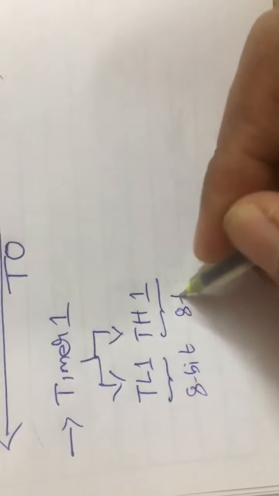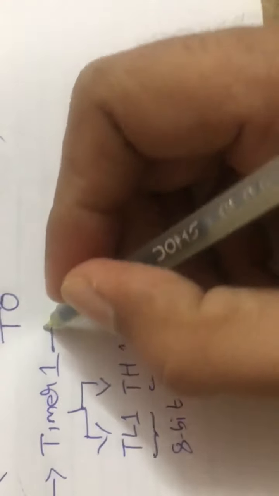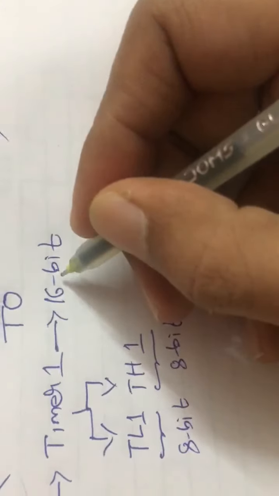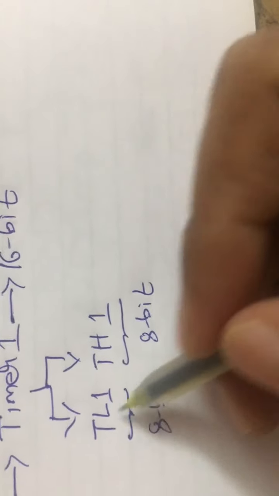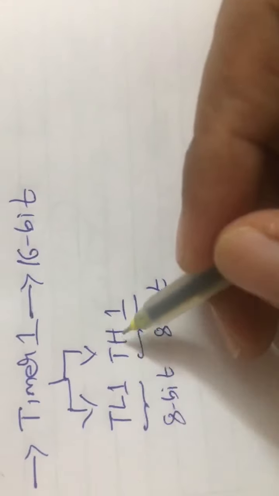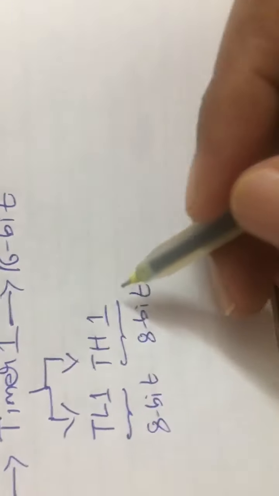So timer 1 is 16-bit wide, and in it we have two 8-bit registers: timer lower byte 1, where 1 stands for timer 1, and timer higher byte 1, where 1 again stands for timer 1.